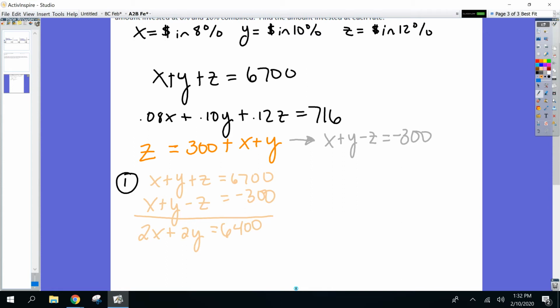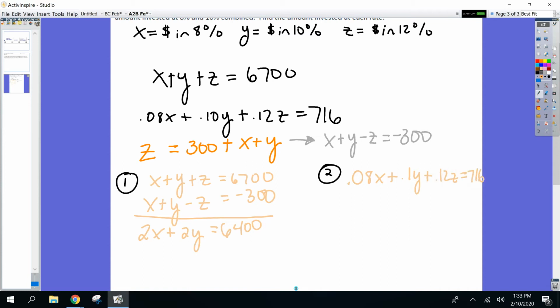Step 2. You have to eliminate Z again, but with 2 new equations. So it's going to be equation 2, and we have to choose. 1? Okay, I don't care. So equation 2. Again, decimals, be careful, please. 0.08x plus 0.1y plus 0.12z equals 716.